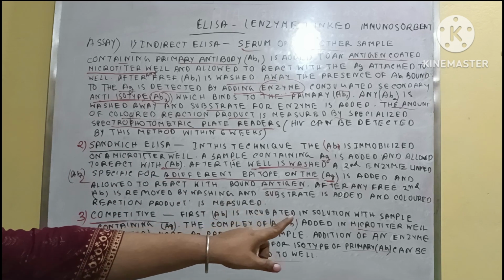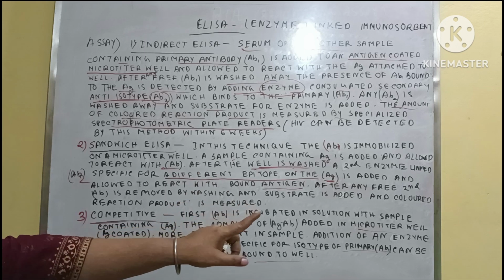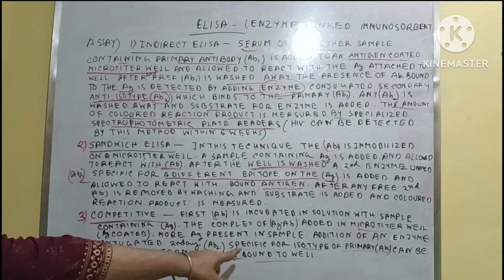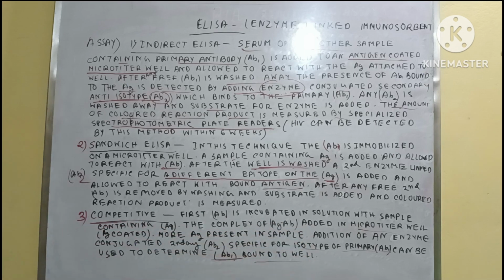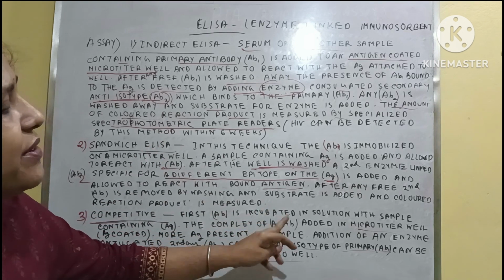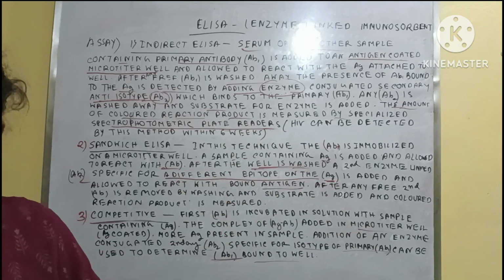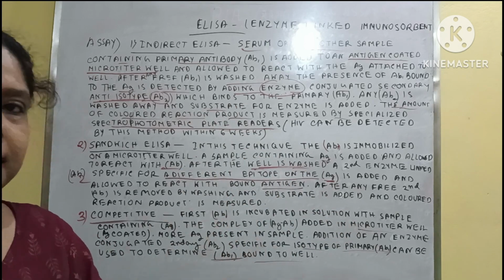After that, the enzyme is added, containing the secondary antibody that is specific for the isotype of the primary antibody. Same thing, but here the AG-AB is already formed, and after its formation it is added to the microtiter well containing AG.